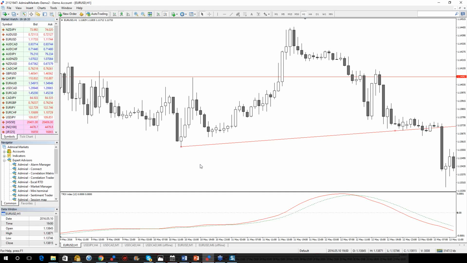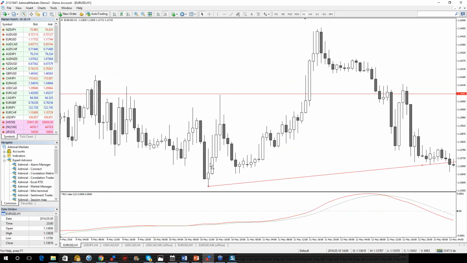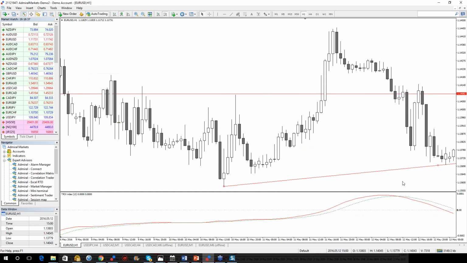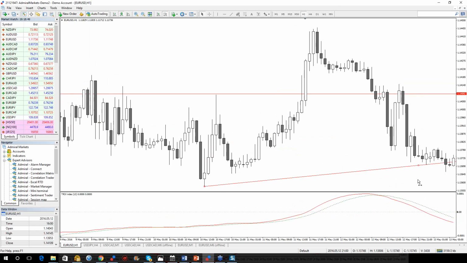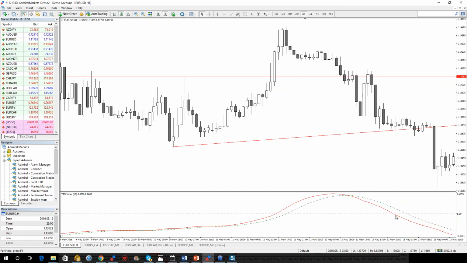And here you actually want to see this: Trix cross below the zero line and trend line cross. That confirms momentum, okay? So here we see a cross.